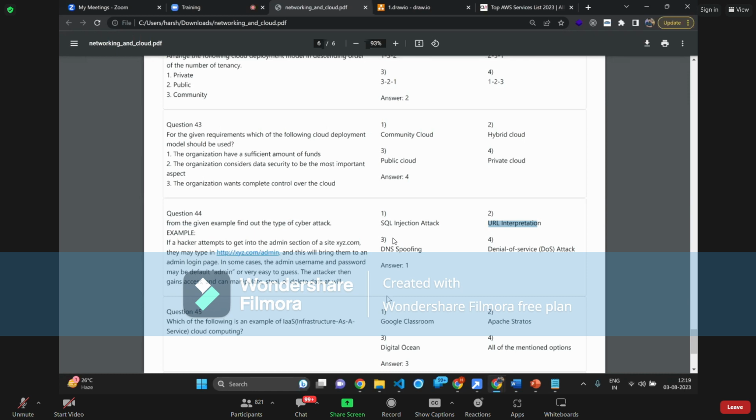A common practice for WordPress websites is websitename.com/wp-admin. If a hacker gets to know that your website is on WordPress, they'll simply go to /wp-admin, and then try whatever the default WP admin username and password are to get access to your server. In such a scenario, such an attack is called URL interpretation.